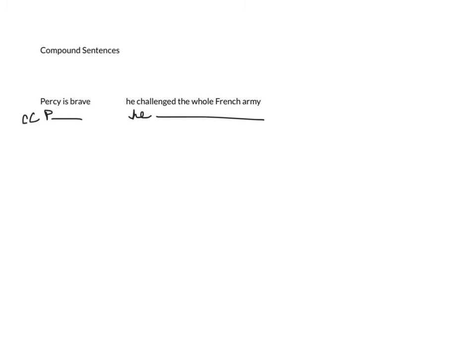And now, if I want to join them together with a coordinating conjunction, I would need to have a comma, and then I would need to choose a conjunction. One of the fanboy words that correctly tells me what the relationship is. So for, it's a cause and effect word.